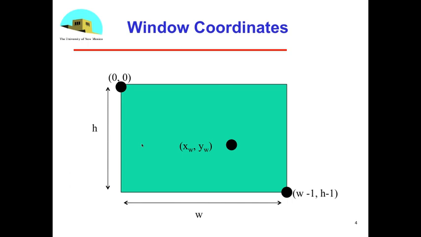We don't have to worry about it for now, but what we have to do is worry about how we convert x_w and y_w. So if you look at the window, we want to go to a window where this corner is at -1, and this upper right corner is at 1, 1. And we could look at it independently in the x and the y direction, and say, okay, so you want something that goes from 0 to W minus 1 to be mapped into variables that go from -1 to +1.